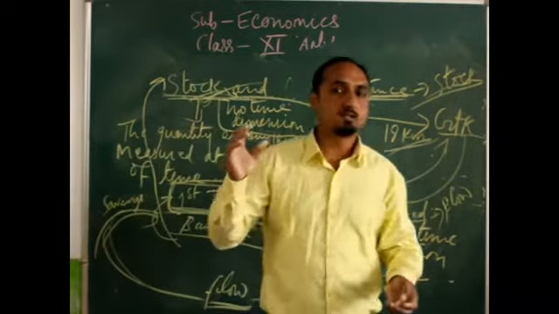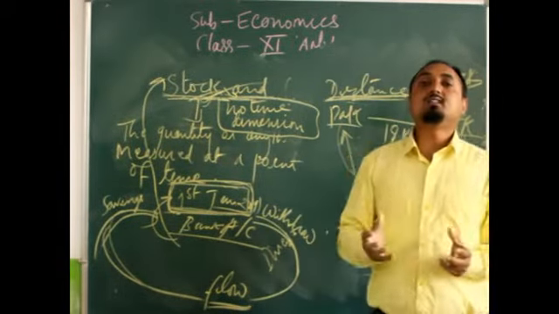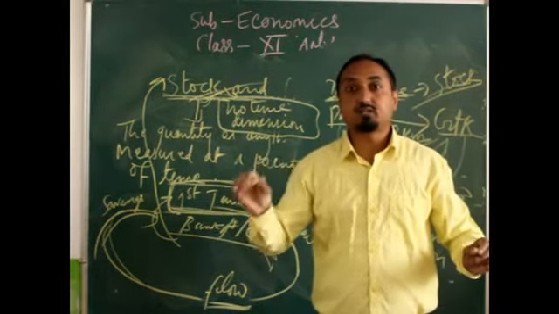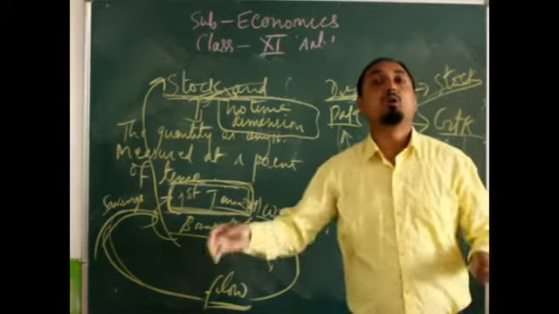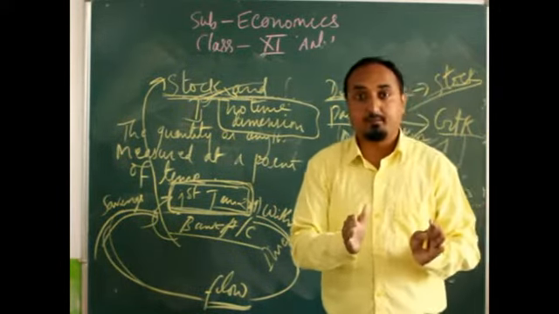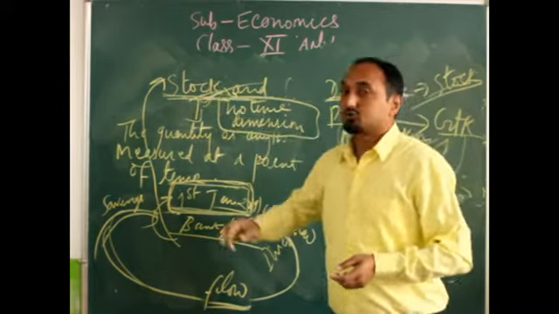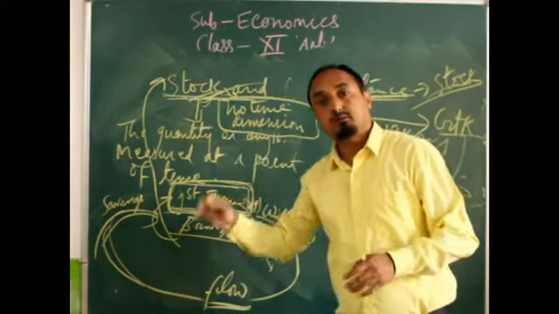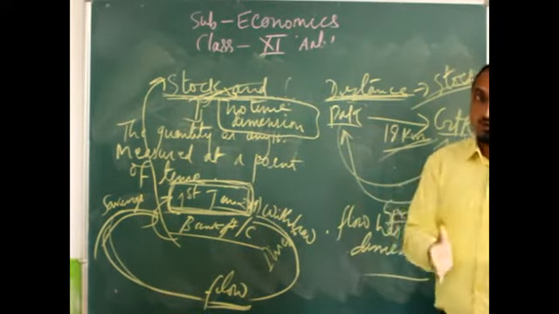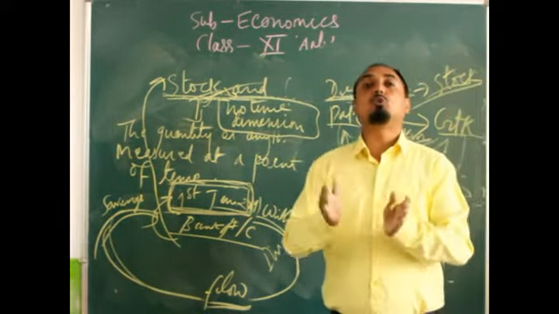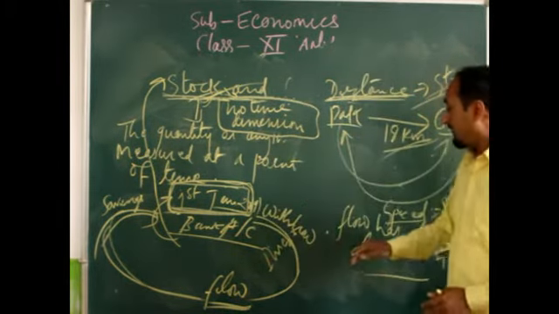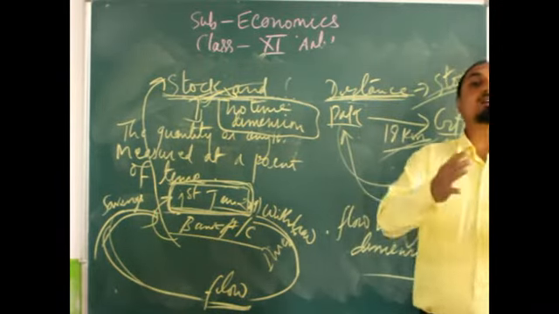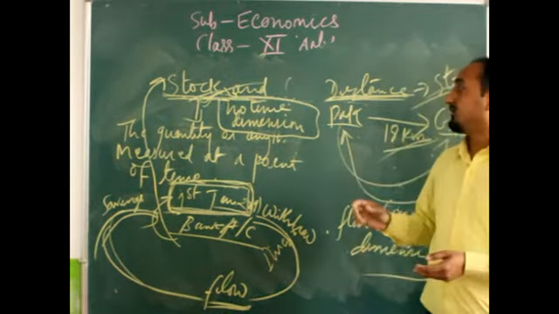Once again, listen: stock means a quantity measured at a point of time. There is a difference between at a point of time and over a period or interval of time. So stock is the quantity measured at a point of time, whereas flow is a quantity measured over a period or interval of time. Interval of time means that after a certain time period it keeps changing. So that will be a flow concept.